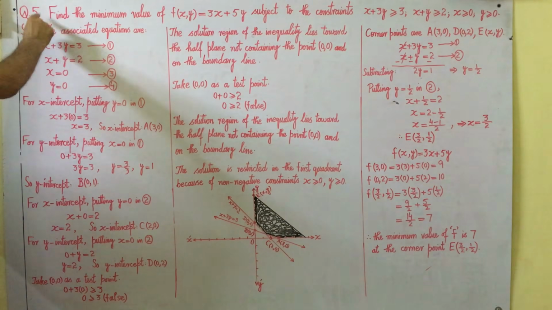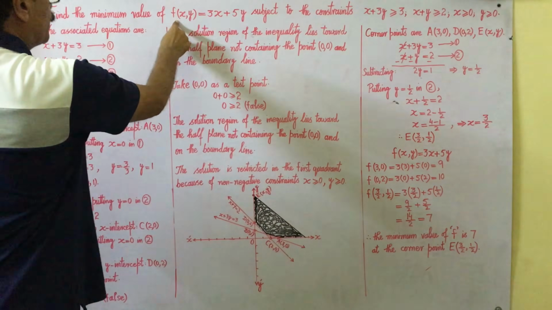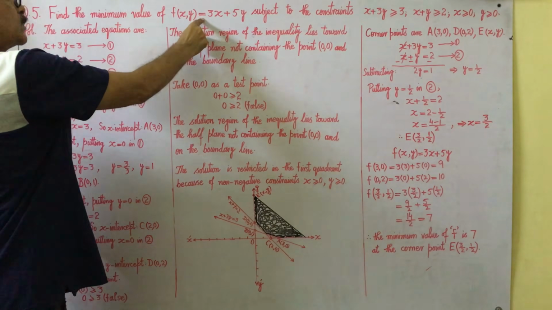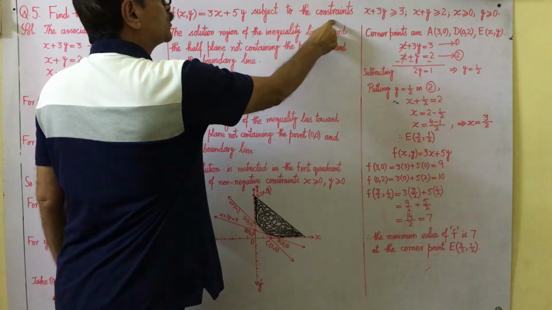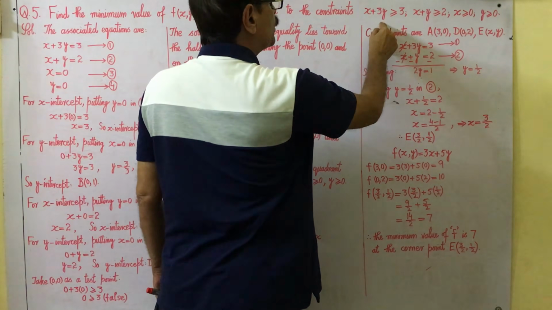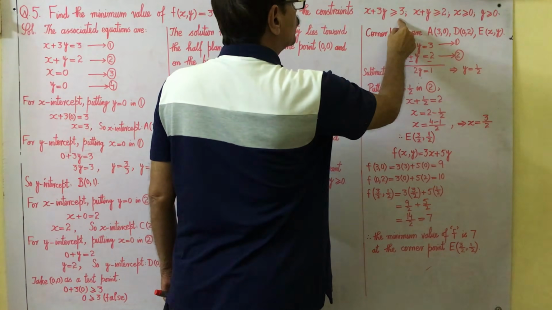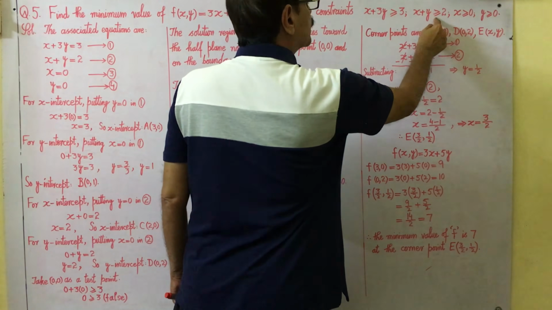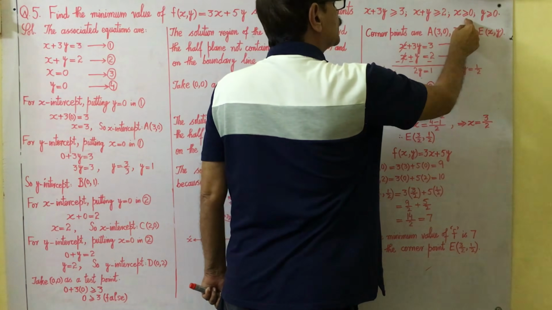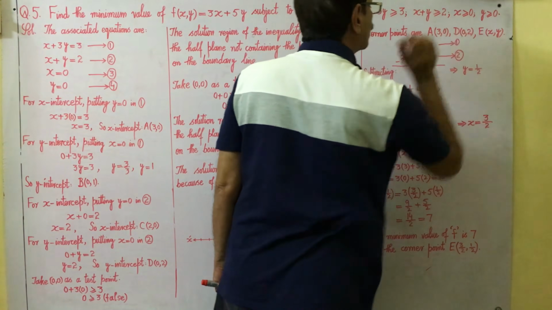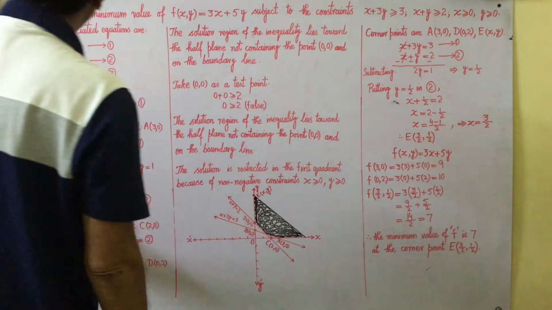Question 5. Find the minimum value of f(x, y) = 3x + 5y subject to the constraints x + 3y ≥ 3, x + y ≥ 2, x ≥ 0, y ≥ 0.